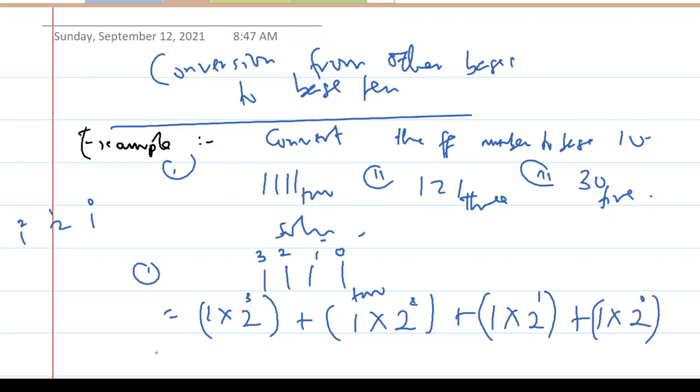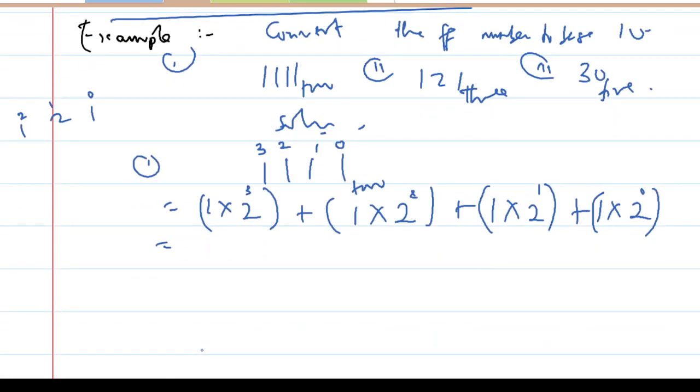Then you now simplify it further. So I now have 1 multiplied by 2 raised to power 3. When we get to indices, I'm going to explain. When you have 2 raised to power 3, it means you multiply 2 by itself 3 times. That's 2 times 2 times 2, which is equal to 8.